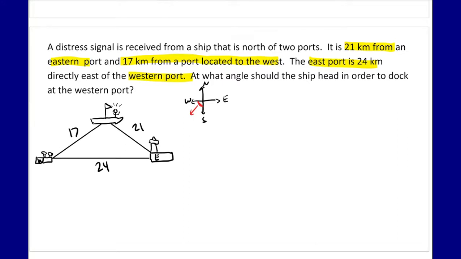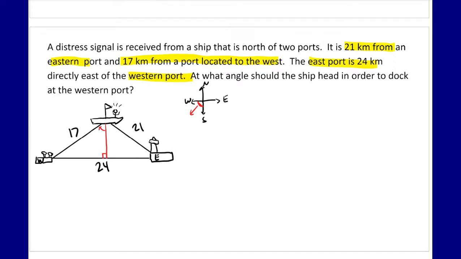We might have to add some extra information here. If we're trying to figure out that angle from a vertical line down, we're looking for this angle here, because that would be how many degrees west of south.